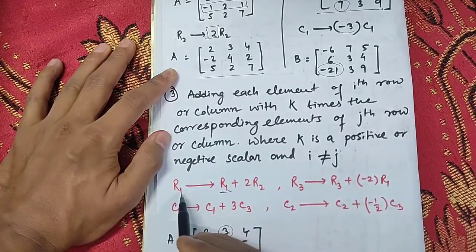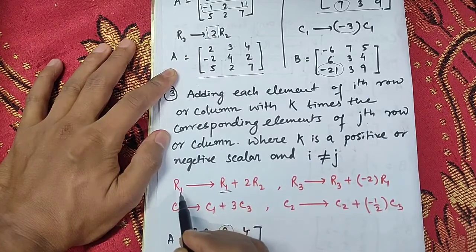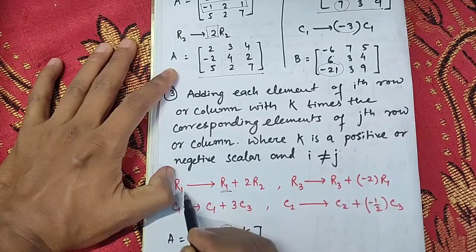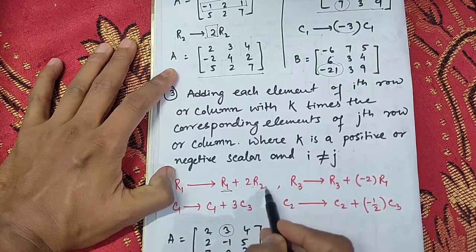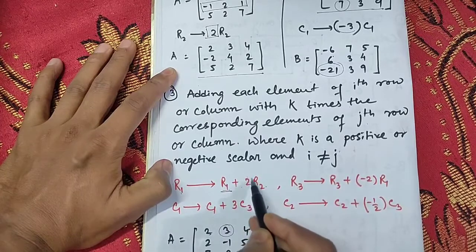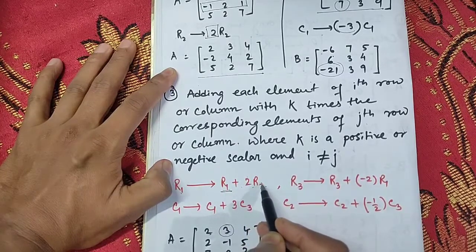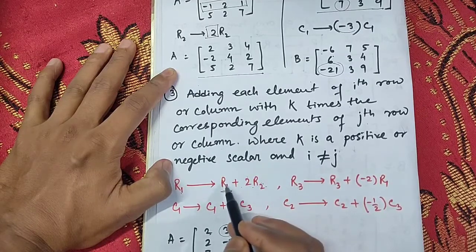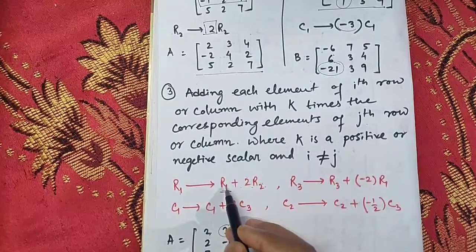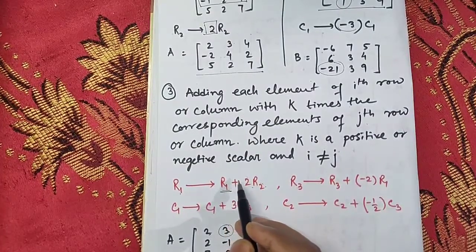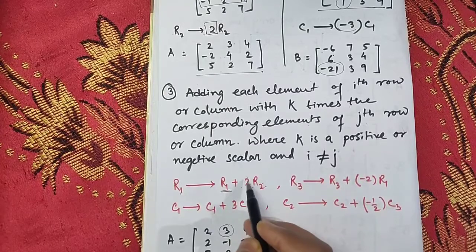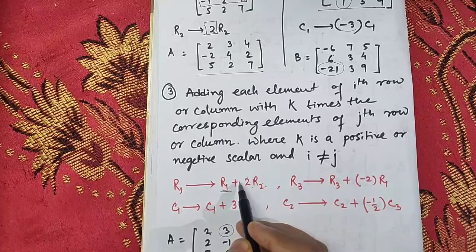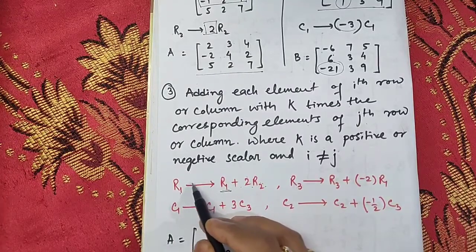If we want to change R1, you change R1 like this: R1 plus 2 times R2. That means multiplying a scalar with the elements of another row, and then adding it to the row which you want to change. Again I am repeating, multiply a scalar with another row and add it to the row which you want to change.